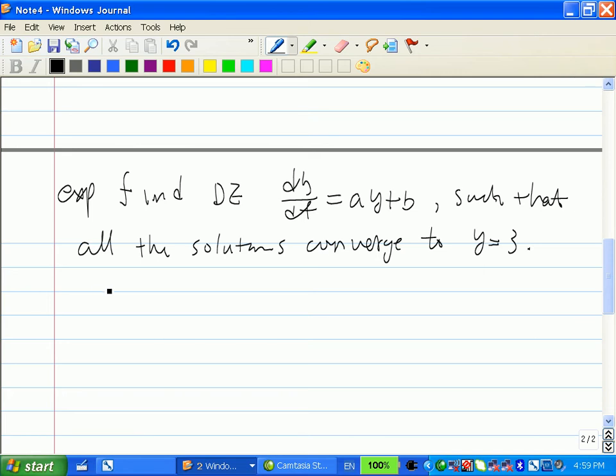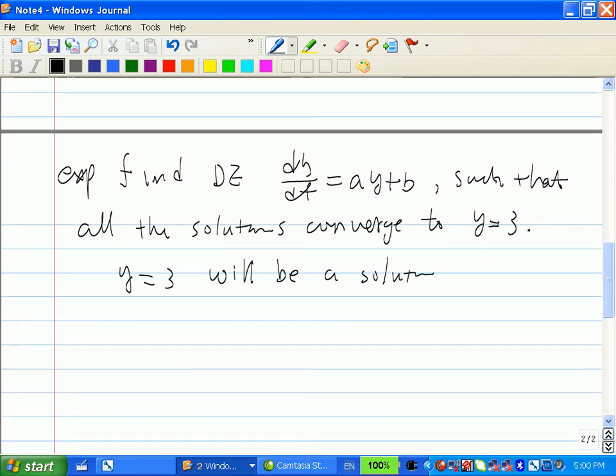So first of all, y = 3 will be a solution. So what kind of differential equation in this form has y = 3 as one of its solutions?